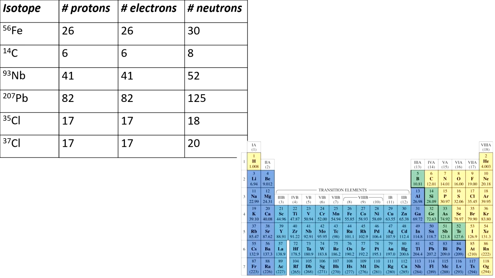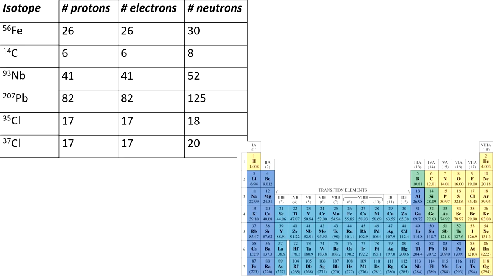Next up, we have lead-207, and you can see lead is over here in group 14, group 4A, and it's got a mass number of, in this case, 207, an atomic number of 82, so we have 82 protons, 82 electrons, and then 207 minus 82 gives us our 125 neutrons.